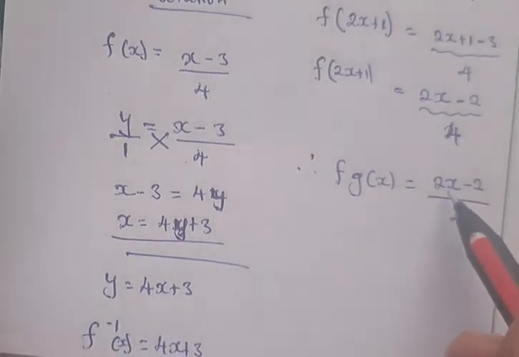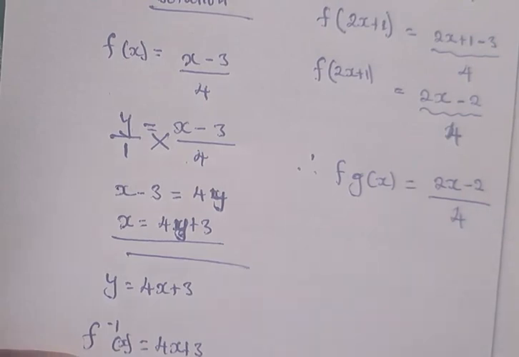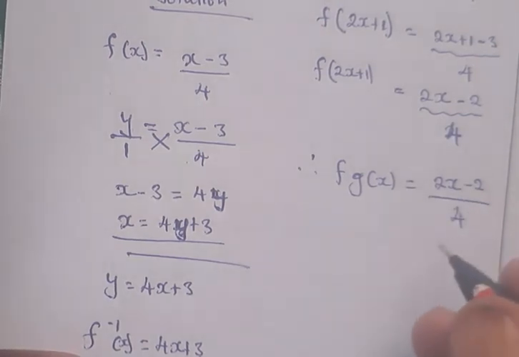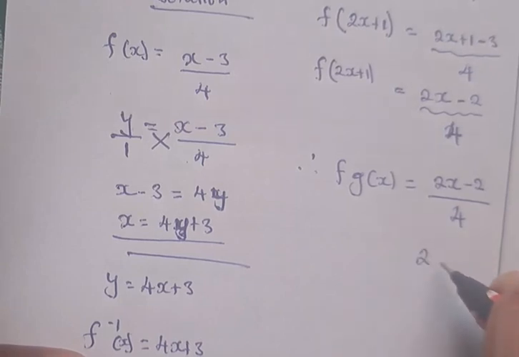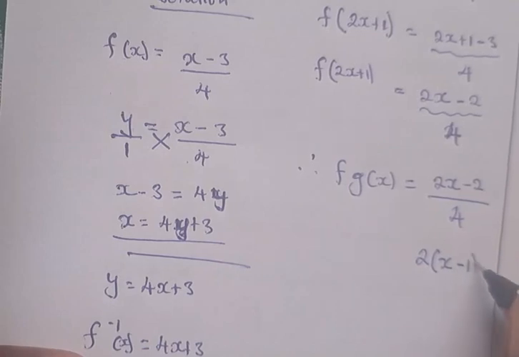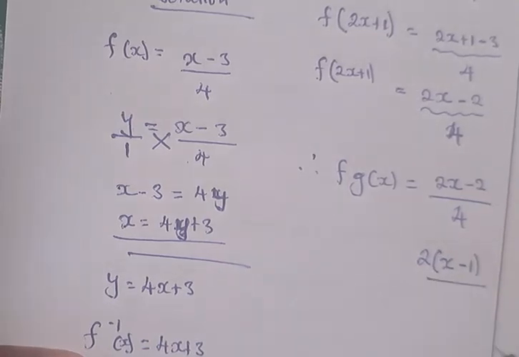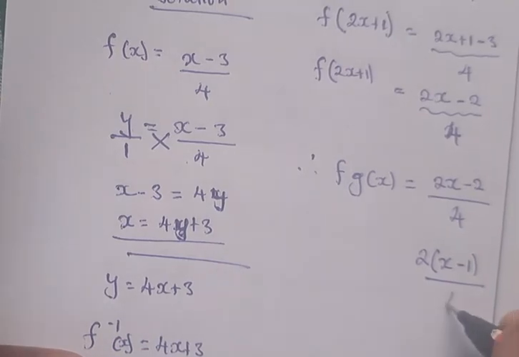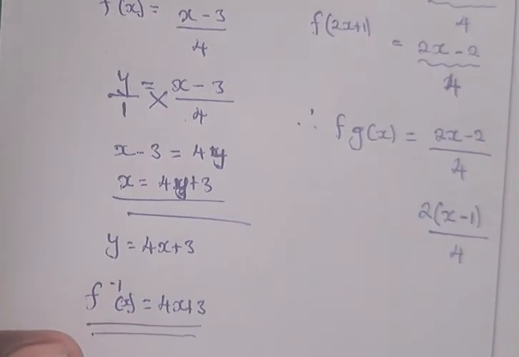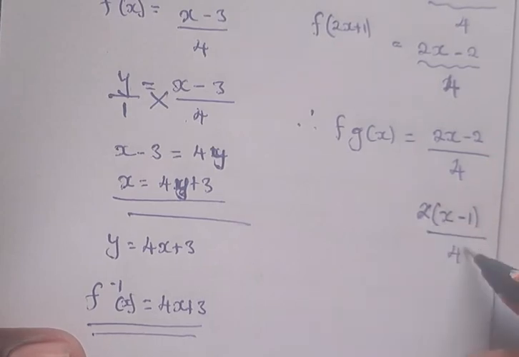Let us just factorize what is on top there. So our common factor here will be 2, right? Then here we have x, then here we have minus 1, isn't it? Then over 4. So what do we do? This one 1, here 2.